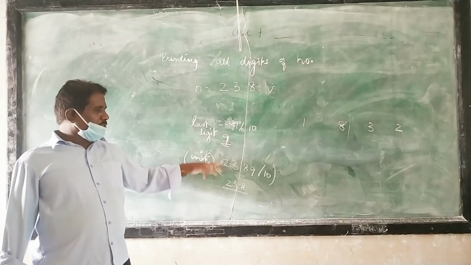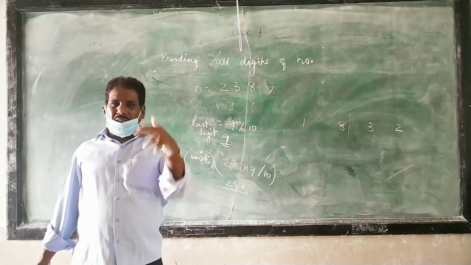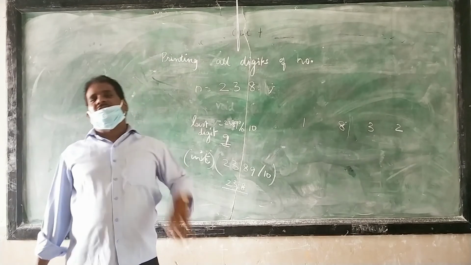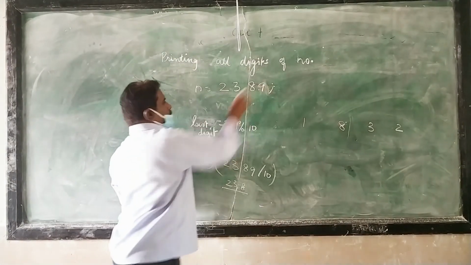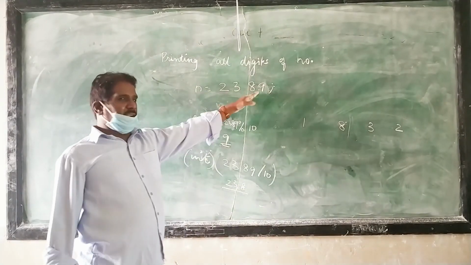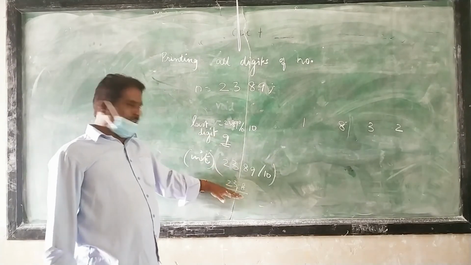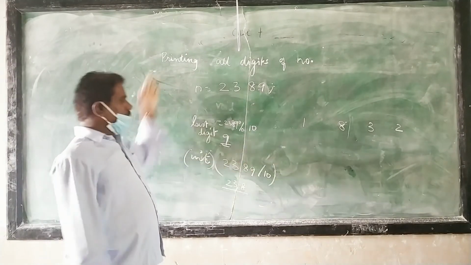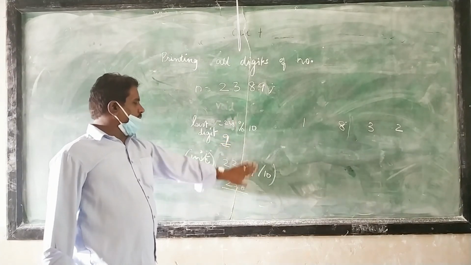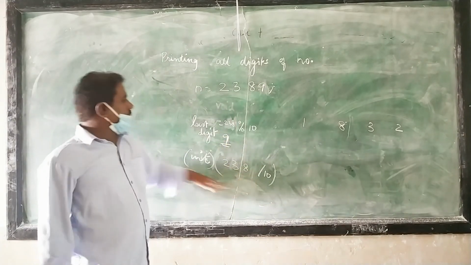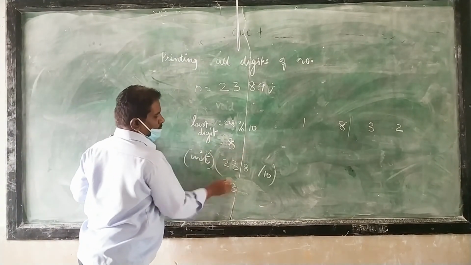So if you know these two things, by repeating this process again and again, we can take out all digits of the number. First time with 2389, you will get last digit 9 and the last digit will get removed. The next time you do the same work with 238, 8 will be the last digit and it will be removed.